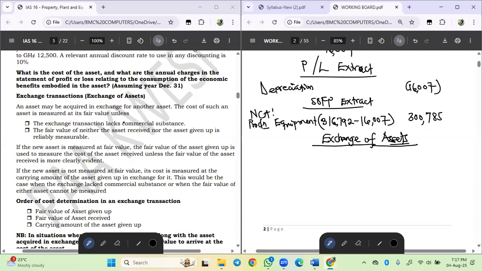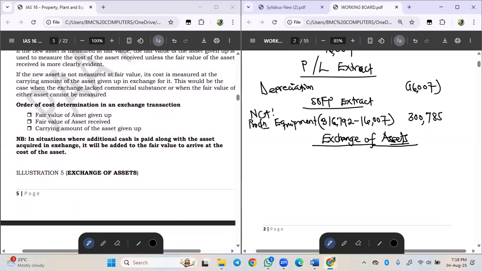The fair value of neither the asset received nor the asset given up is reliably measurable. So you cannot measure their fair value, whether the asset given up or the one you want to receive. In that case you use the cost, all right? You use the cost. So let's see the order that you use.